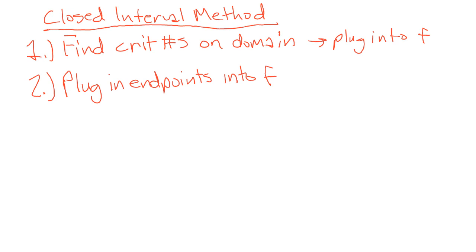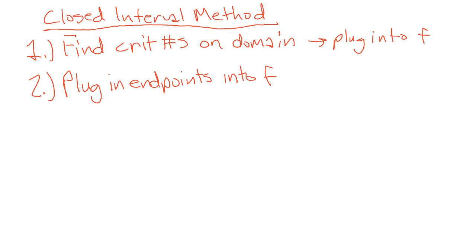So even if we have no critical numbers on our domain, we still have to have a min and a max on that interval somewhere, and it's very likely they could be at the endpoints. And even if we do have critical numbers, those are going to be relative ones. That doesn't necessarily mean that it's going to be the absolute highest or lowest point on the graph.